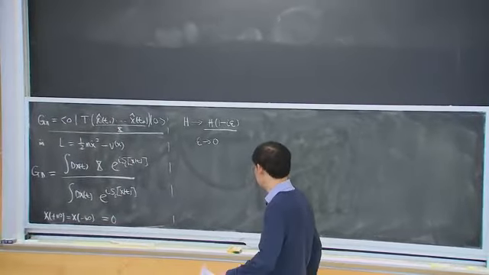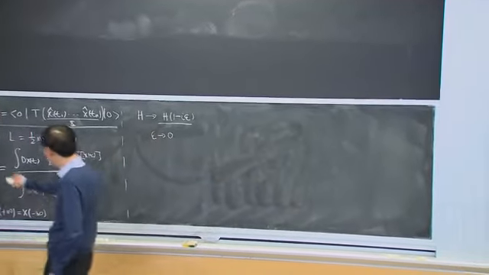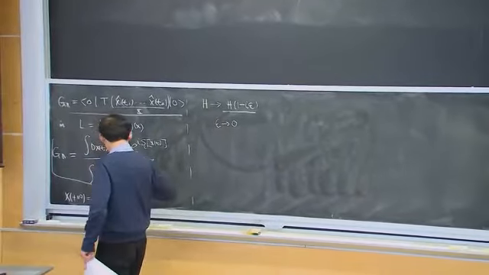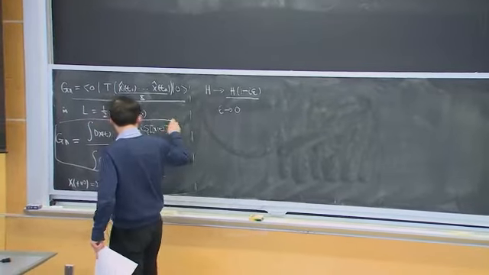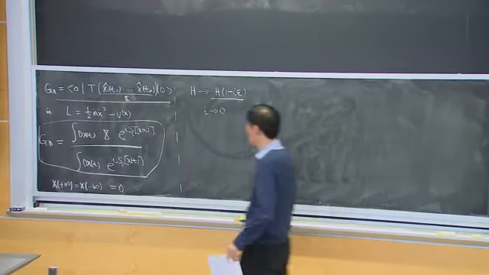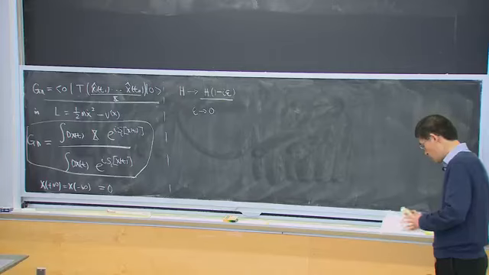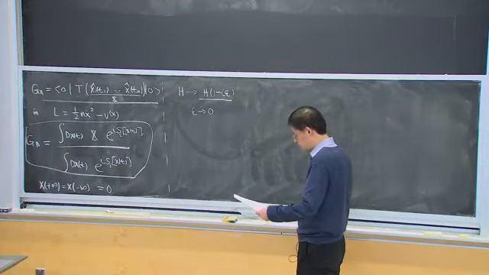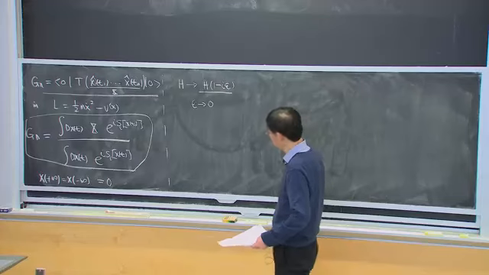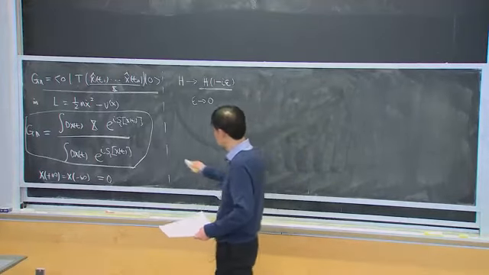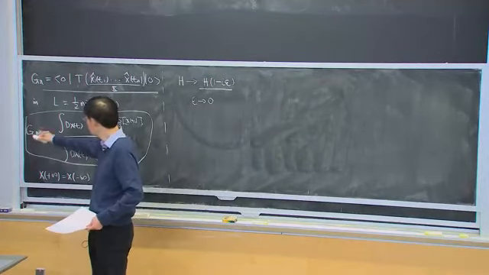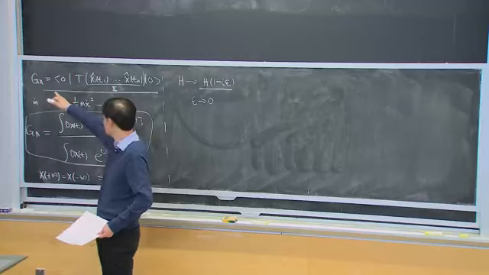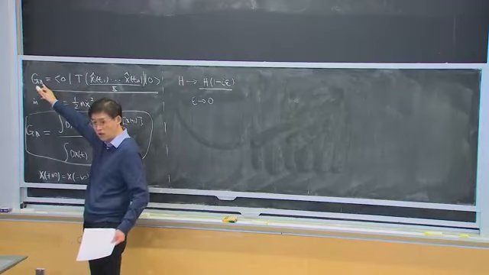So now in principle with this formula, we can calculate this quantity, this n-point function. But in practice, it's more convenient rather than to calculate the G_n, because we often need to know such correlation functions for different n.